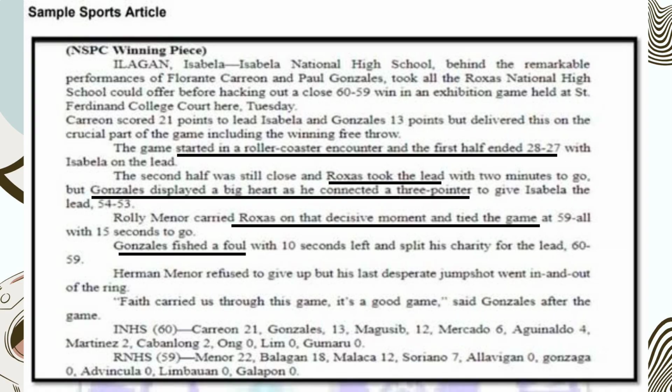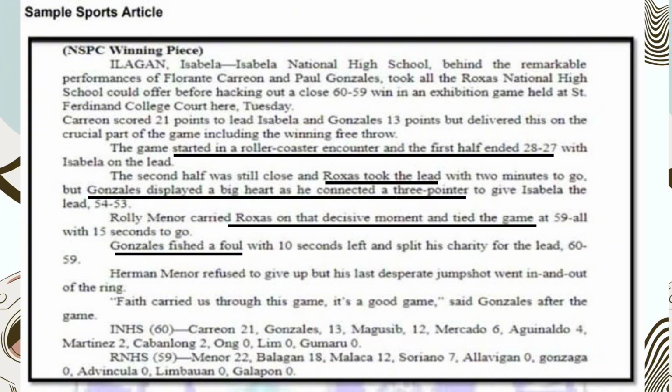In the second that I underlined, Rojas took the lead late, but Gonzalez responded with a three-pointer. The last part I underlined is that Rojas tied the game, then Gonzalez's foul shot sealed the victory.